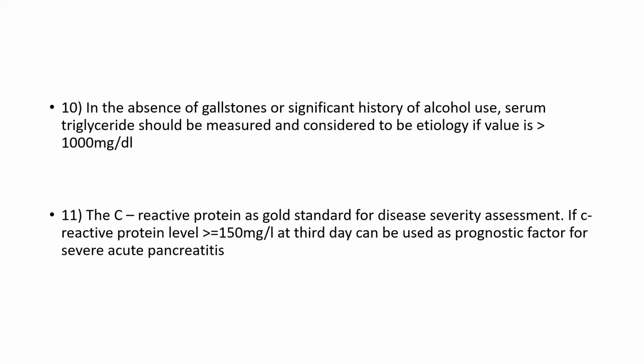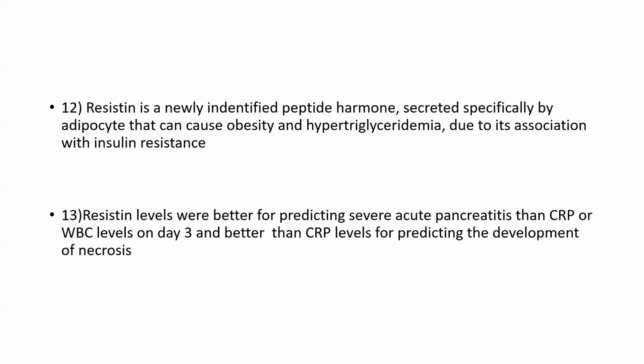In the absence of gallstones or a significant history of alcohol use, serum triglyceride should be measured and considered to be the etiology if the value is more than 1,000. C-reactive protein is the gold standard for disease severity assessment. If C-reactive protein is more than or equal to 150 at the third day, it can be a prognostic factor for severe acute pancreatitis.